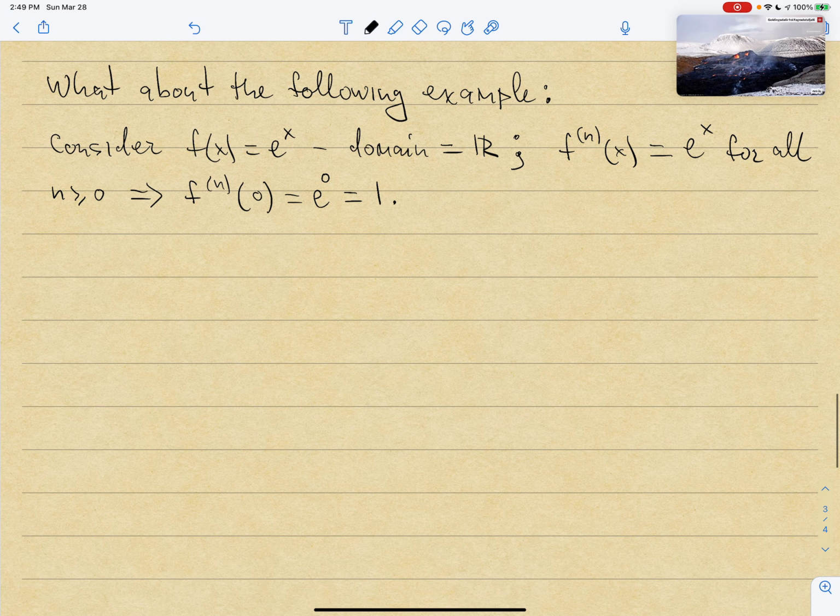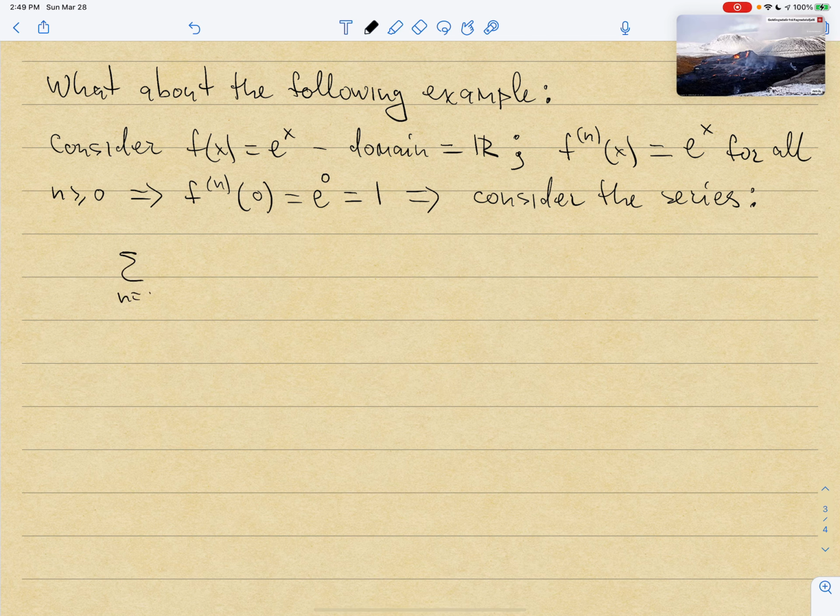So then from here, I can consider the series sum n from 0 to infinity f n of 0 over n factorial x to the power n. So in this case, f n of 0 is equal to 1.